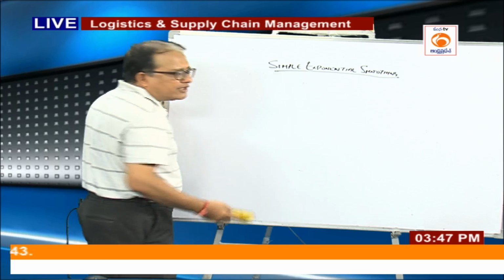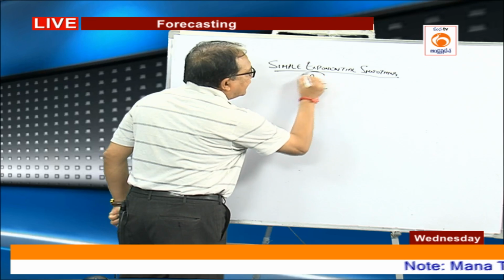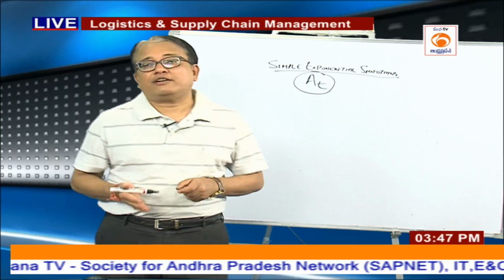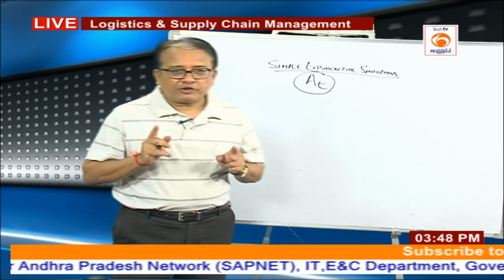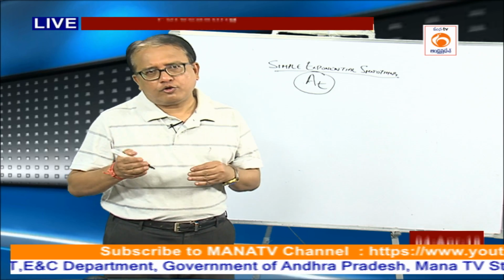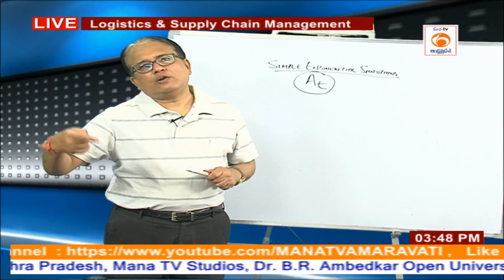What is important for me here is A t. What is A t? It is my forecast or prediction for the next period. When I say prediction, it is forecasting. I have to predict my demand for the subsequent or the next period.